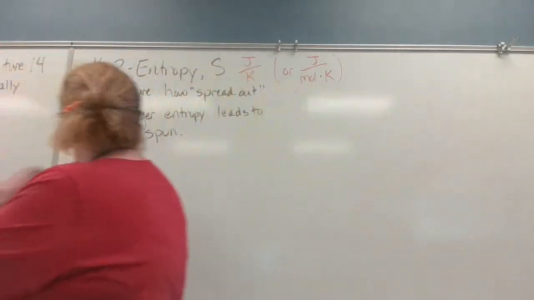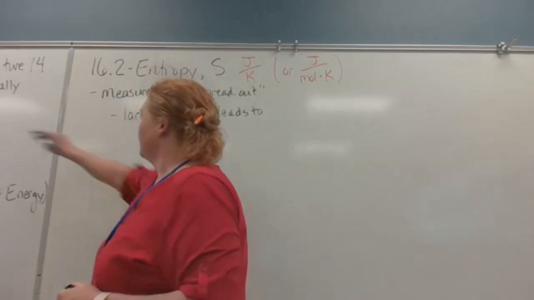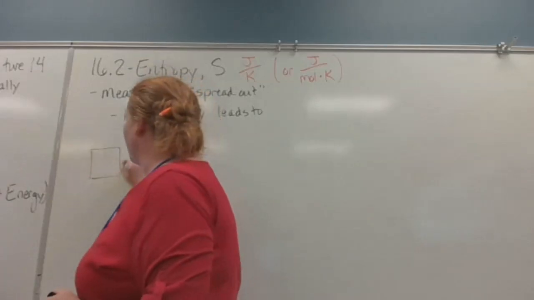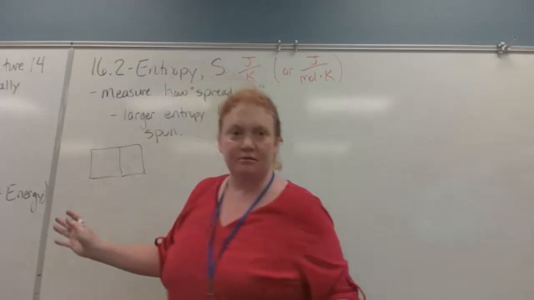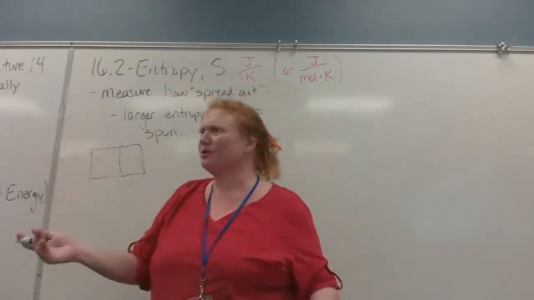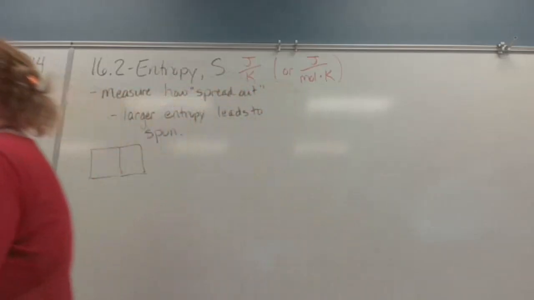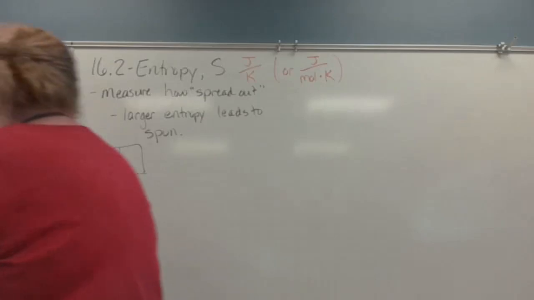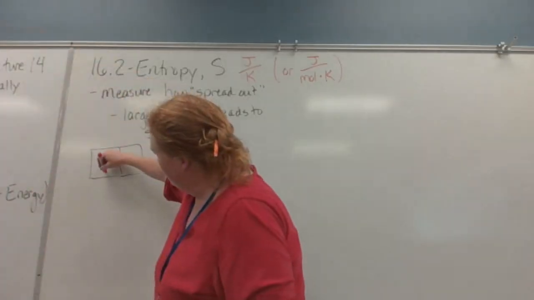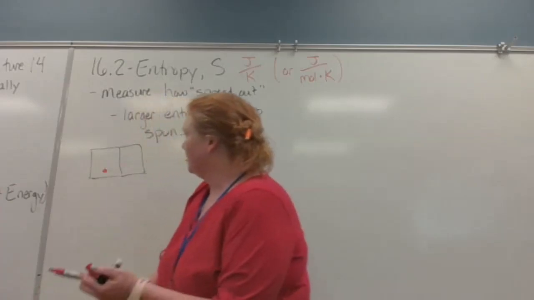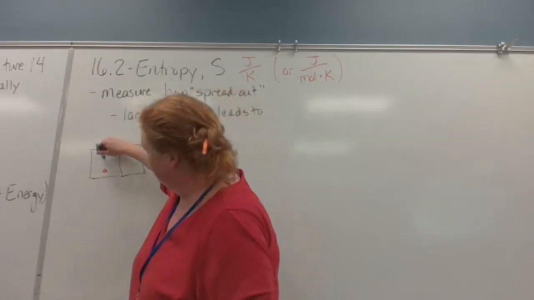This is a thought. What if I have two boxes, like I had two bulbs? What if I have these two particles? Let's say I got a red particle and I got a blue particle.